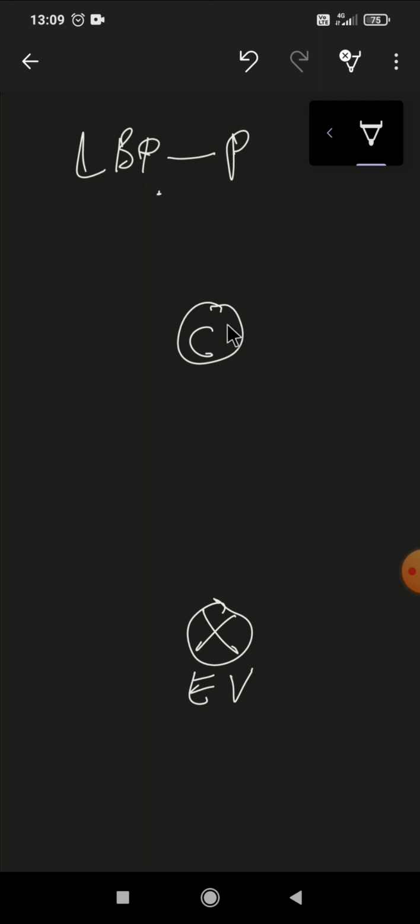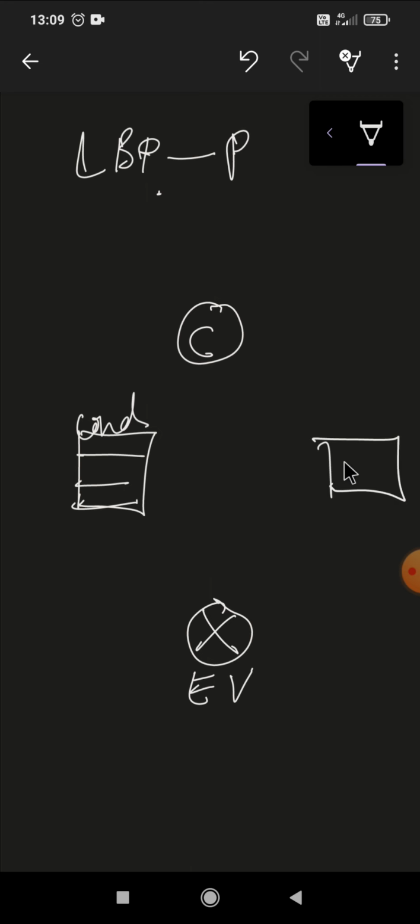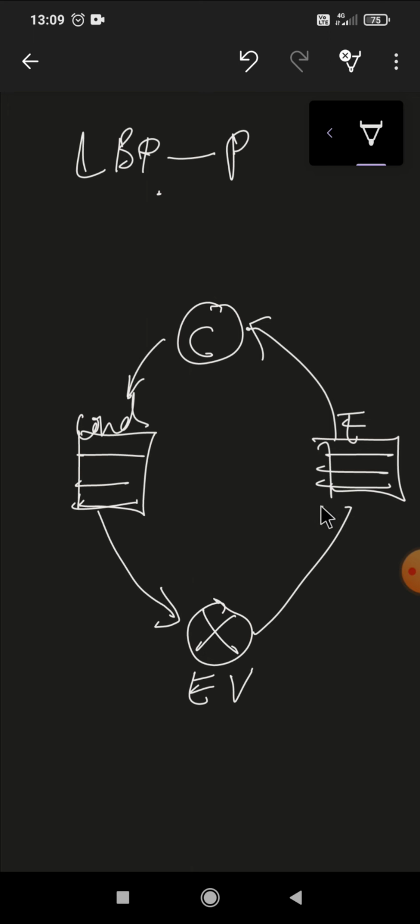After compression there comes a condenser, and here there is an evaporator. It goes from here to here to here to here. In the evaporator the heat is taken and in the condenser the heat is rejected.